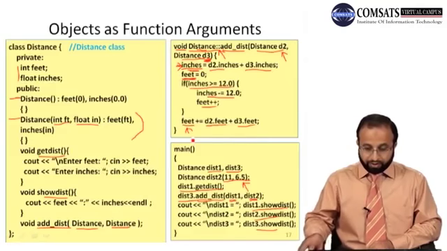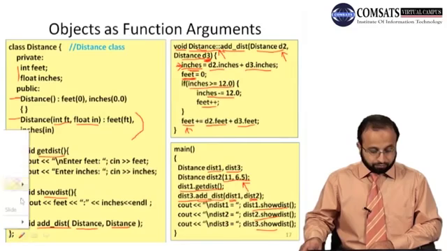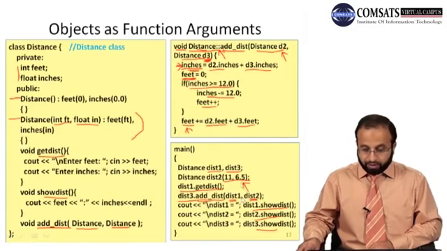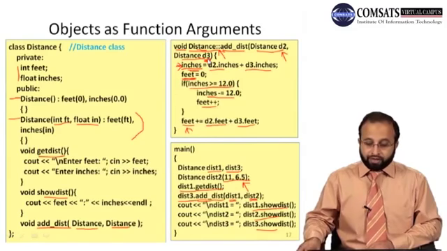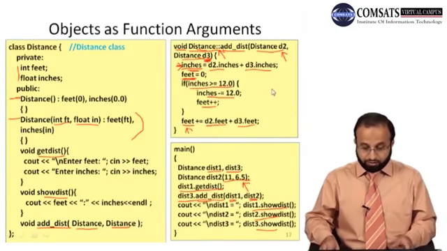सो बेसिकली हो क्या रहा है कि यहाँ पर d2 और d3 they are the local objects of addDest function. So when this function is called, control will come over here, memory is allocated for d2 and d3, right? And dest1 values are copied to d2 and dest2 will be copied to d3.